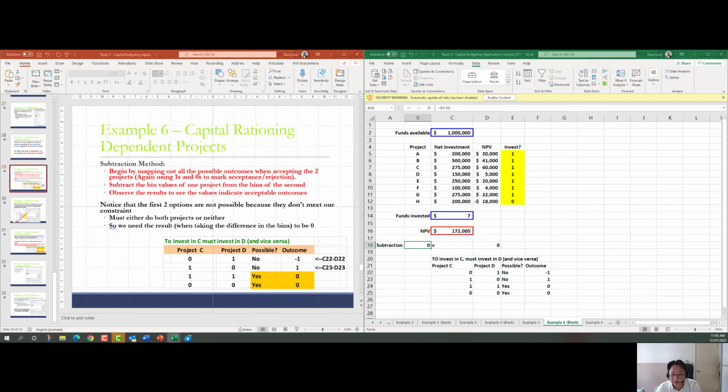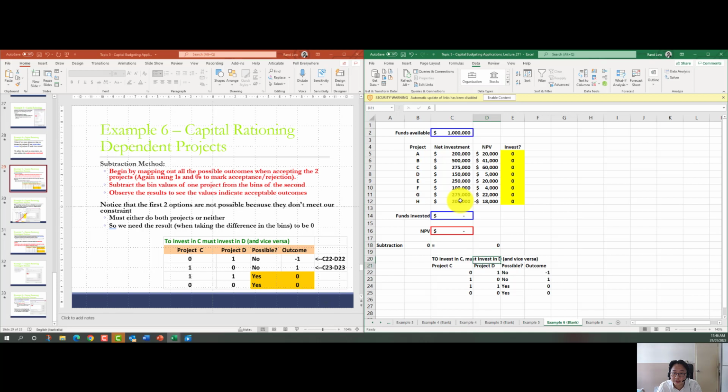Let's see what has happened here. So it's correct, taking those two projects. The subtraction amount here actually comes from this table, which is why we set it to 0.